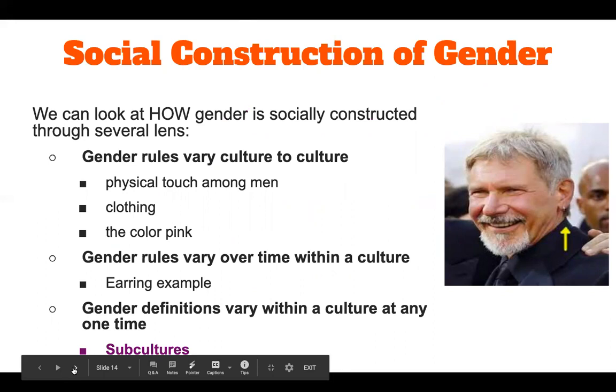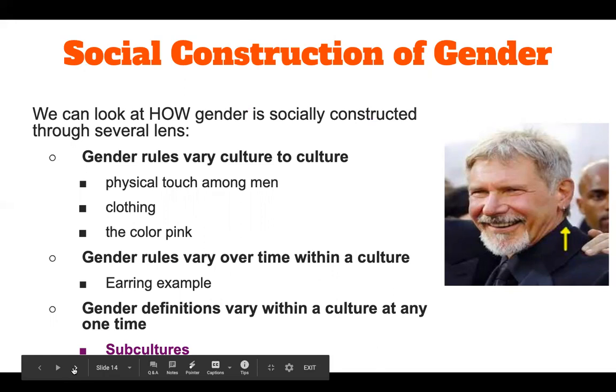Number one, gender roles vary culture to culture. So what is masculine and what is feminine in one culture might be defined very differently in another culture. This is from my gender textbook, but just some examples. In our culture, physical touch among men, if they're not family members, is largely frowned upon. Maybe you give a pound, maybe you give a dap, maybe you give a handshake, or even the half bro hug.